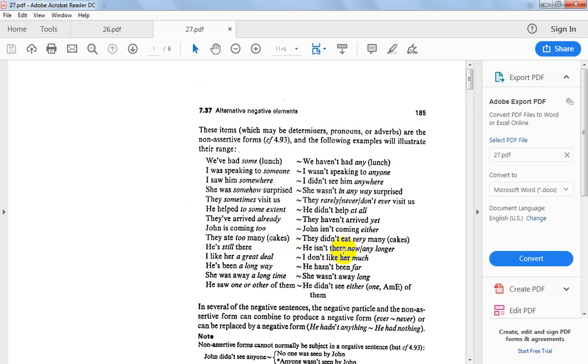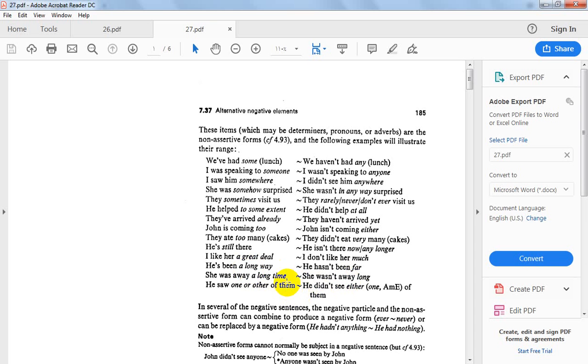He is not there now any longer. I like her a great deal. I do not like her much. يعني a great deal with positive صارت much with negative. He has been a long way. He hasn't been far. يعني a long way with positive, far with negative.